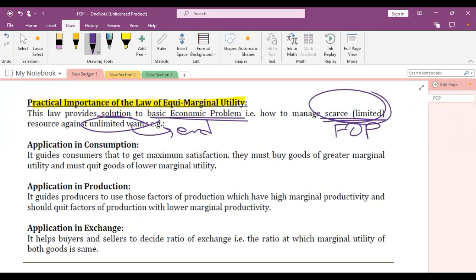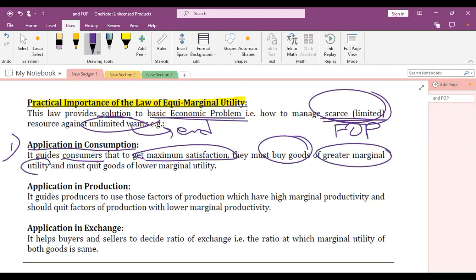The first solution of this problem that is given through the law of equi marginal utility is its application in consumption. It guides consumers to get maximum satisfaction. They must buy such goods that give a higher or greater level of marginal utility and must quit such goods that give less marginal utility.